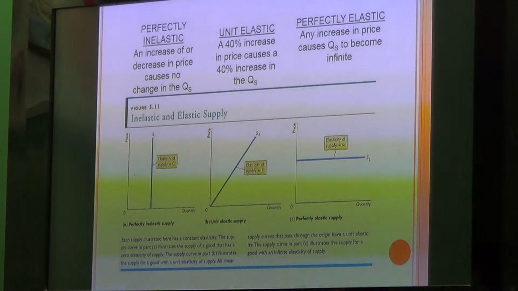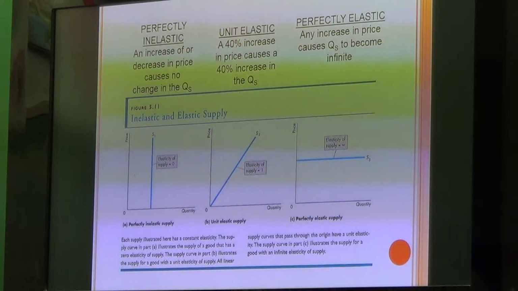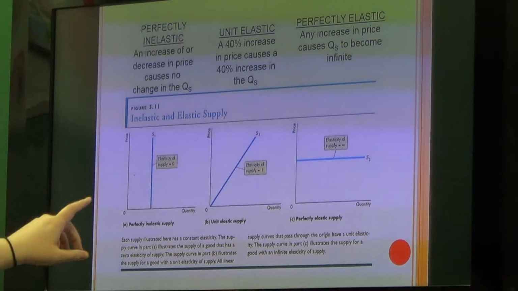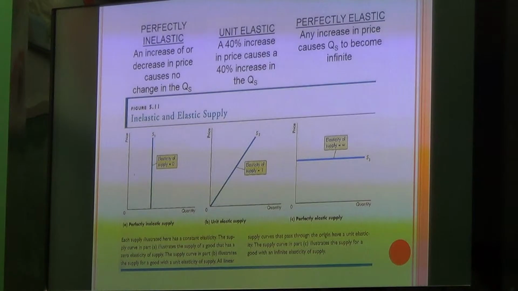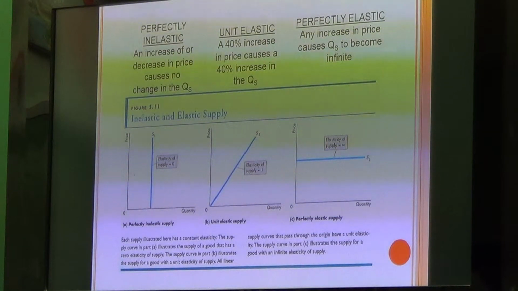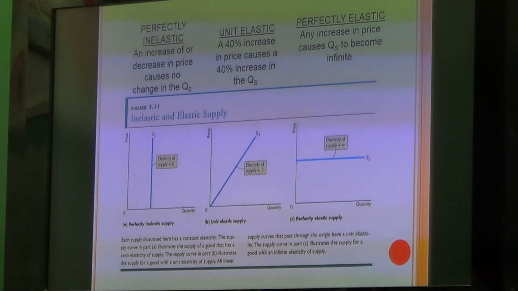So with supply, we also have perfectly inelastic, inelastic, and perfectly elastic. On the vertical, elasticity of supply is equal to 0, so as there is an increase or decrease in the price, it causes no change in the quantity supplied. And then for unit elastic, a 40% increase in price causes a 40% increase in the quantity supplied.